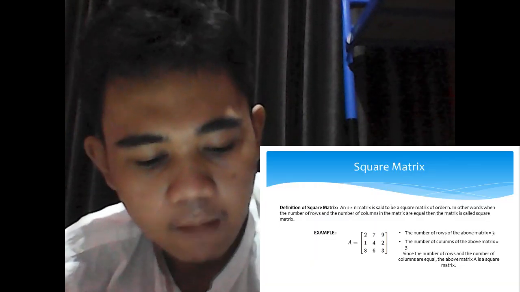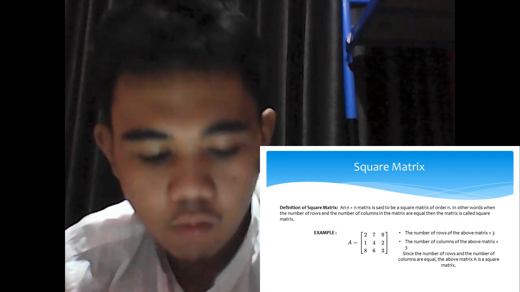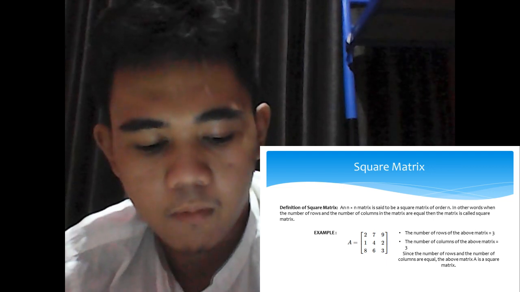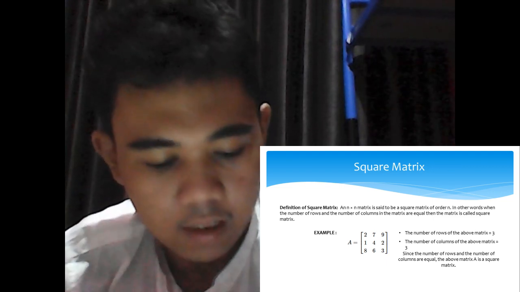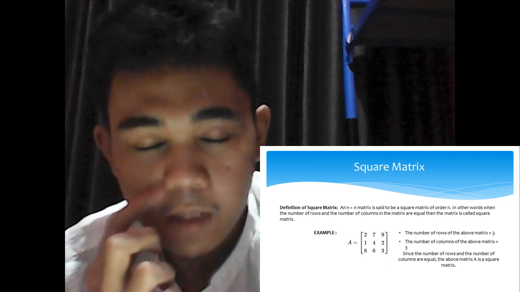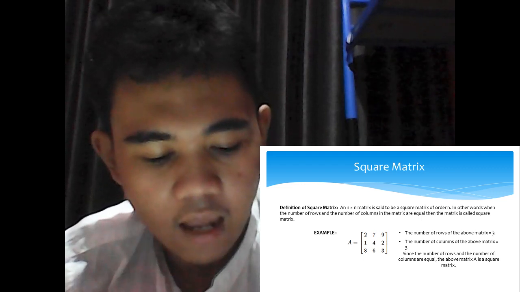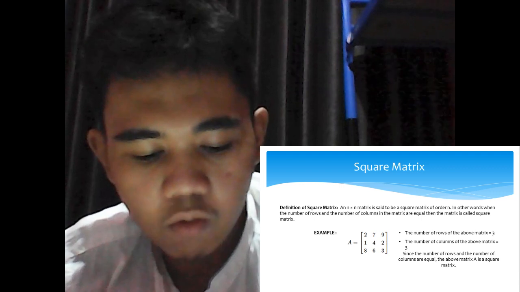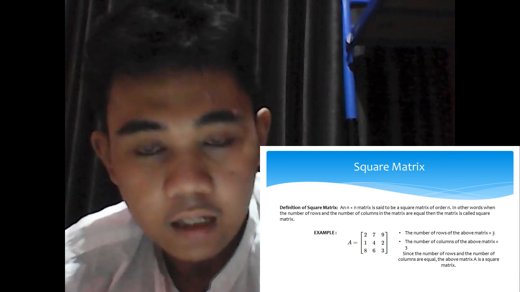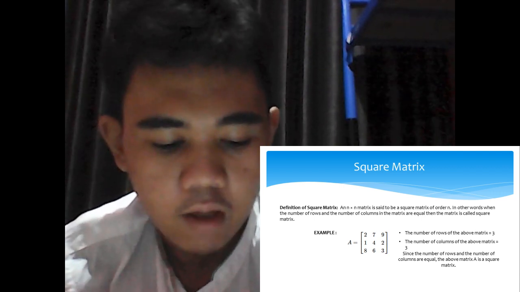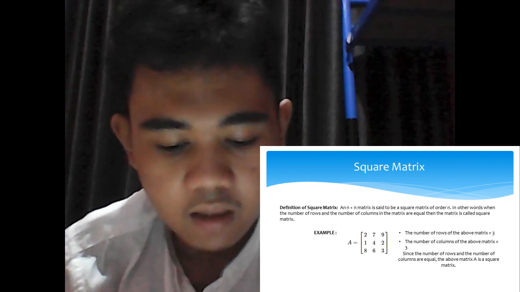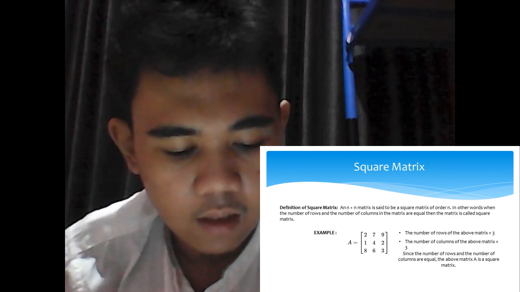So the last is the square matrix. If a matrix has n rows and n columns, then it is called a square matrix of order n, or an n square matrix. The definition: an nxn matrix is said to be a square matrix of order n. In other words, when the number of rows and the number of columns in the matrix are equal, the matrix is called a square matrix.